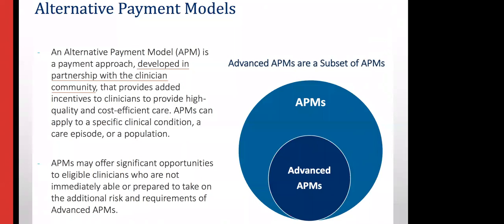So there are definite opportunities for physicians if you develop or participate in an advanced alternative payment model, which has upside risk as well as downside risk. And if you can manage the downside risk of that, you could then earn bonus payments based on the upside gains there.